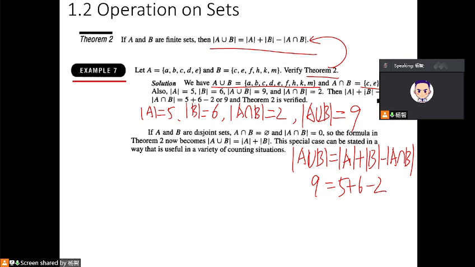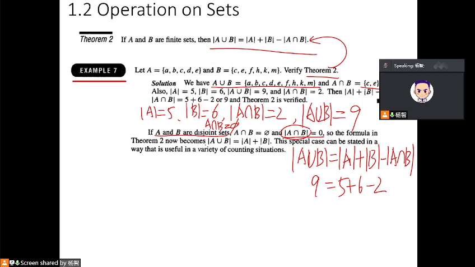And if A and B are disjoint sets, it means the intersection of A and B is empty. Then the last part equals 0.